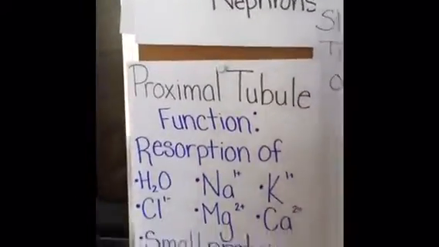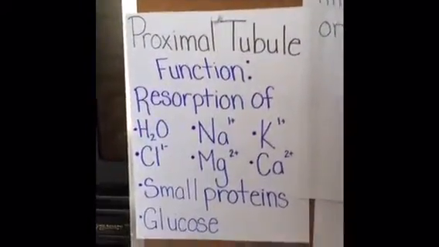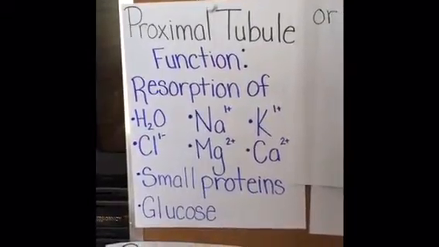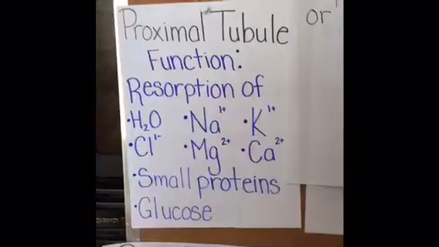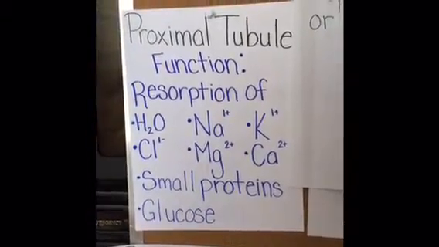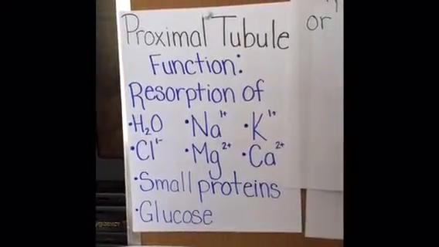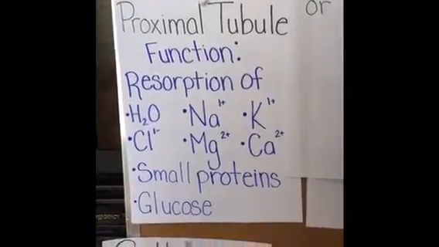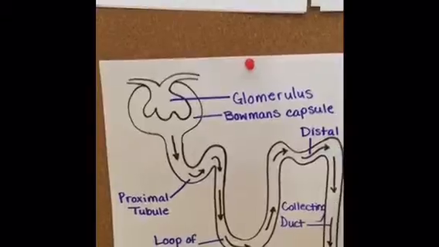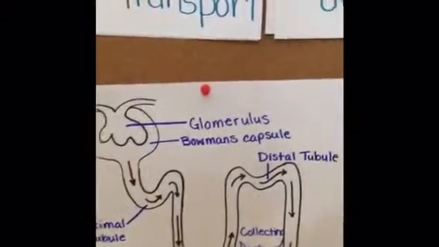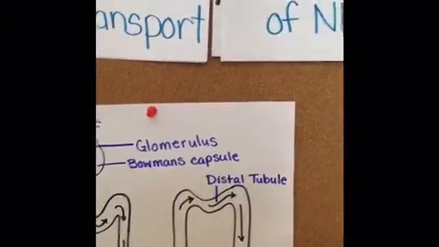Now, the proximal tubule reabsorbs H2O, Na, which is sodium, K, potassium, Cl, chloride, Mg, magnesium, Ca, calcium, small proteins, and glucose. After the proximal tubule, we head into the loop of Henle and then up to the distal tubule.